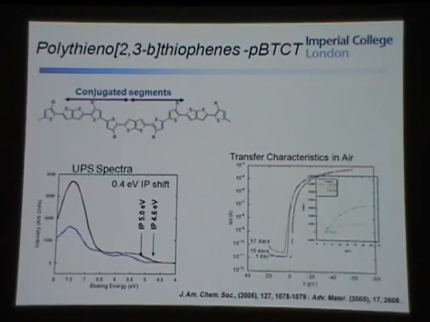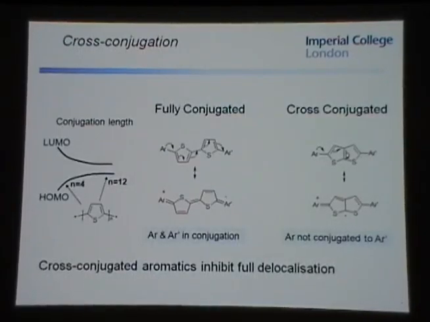So you can see that here, if you compare, so this, where we have the cross-conjugated unit, the only units that are now in conjugation are from here all the way to here. If you compare this now to PTHT, where the whole backbone's in conjugation, you can see that this effectively pushes you back down this way, so it makes the material harder to oxidize.